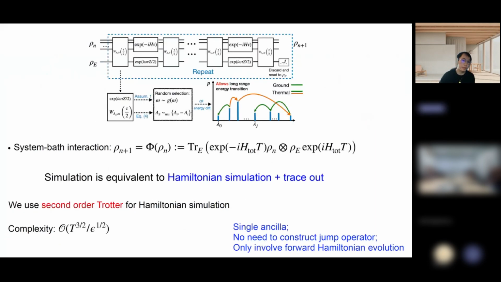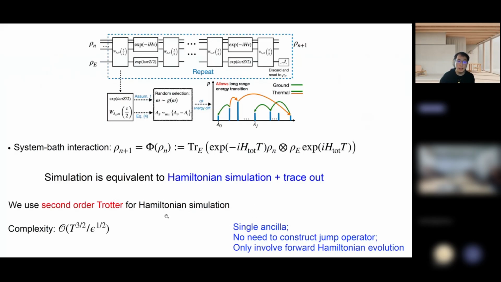Because we only do the Hamiltonian simulation, the simulation of our algorithm is essentially equivalent to the Hamiltonian simulation and the trace-out. In our paper, we mainly propose to use the second-order Trotter to do this time-dependent Hamiltonian simulation.